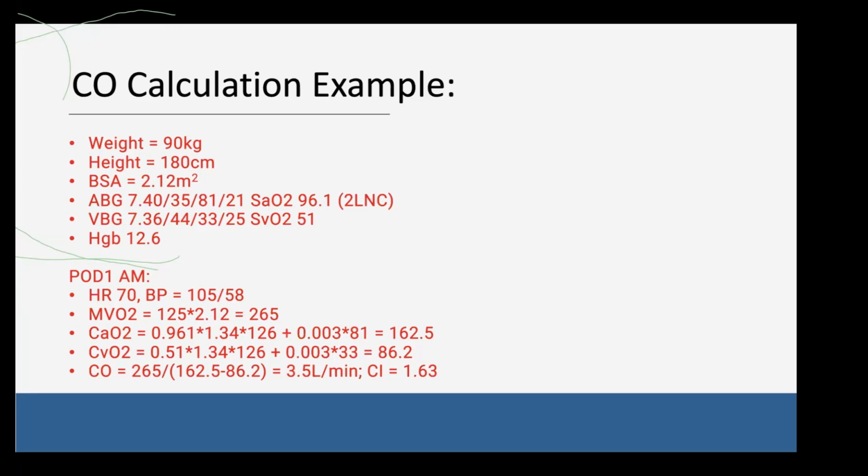Which basically means weaning off oxygen all the way down to about 24% to 28% oxygen and weaning off the pressors has not had any significant detrimental effects. Hemodynamically, blood pressure 105 on 58 with a heart rate of 70.